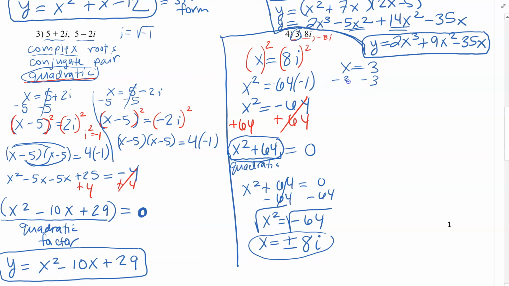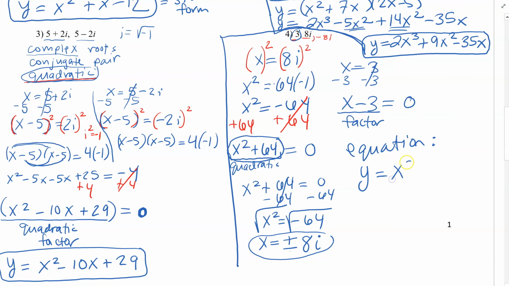If there's a root of 3, then there must be a factor of x minus 3. So this particular polynomial had two factors, but one of them was quadratic. So here's our answer: y equals x squared plus 64 times x minus 3. That'll be our final answer.